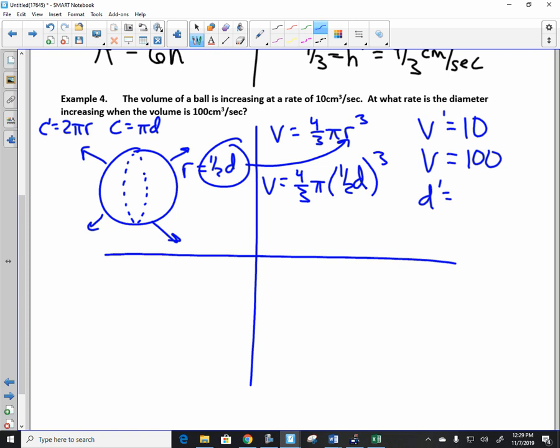So let's write it so it's not involving the chain rule. What is 1/2 cubed? 1/8. And 1/8 times 4/3 would be 4/24. 4/24 is 1/6. So it looks like we have volume is equal to 1/6 times pi times d cubed.